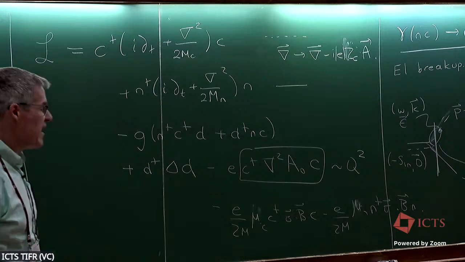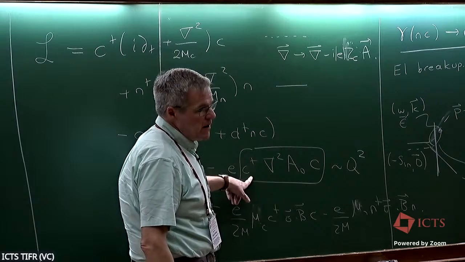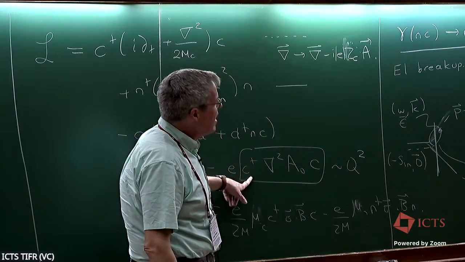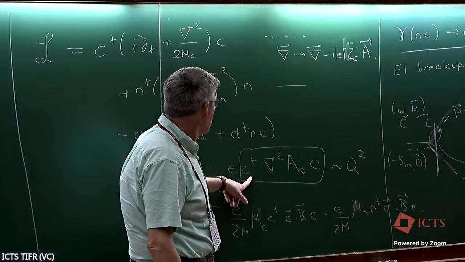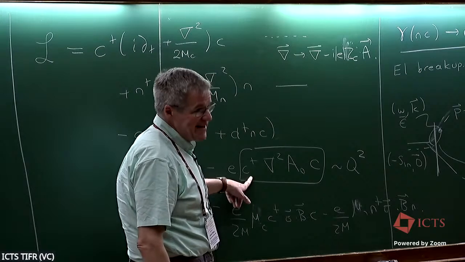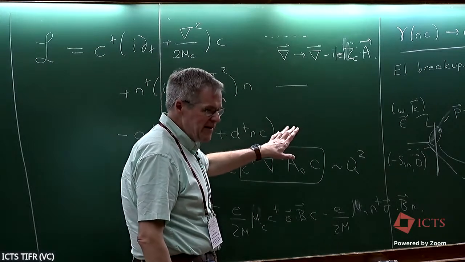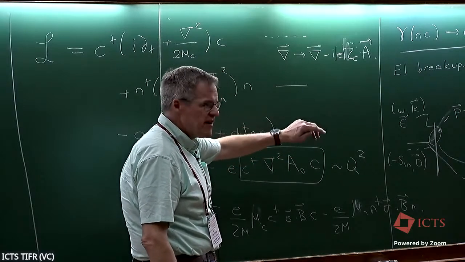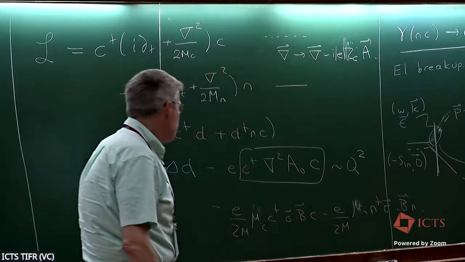Oh, no, I'm saying if I wanted, yes, absolutely. So for this, D dot P, right? I think so, where D is the dipole operator. Yeah, that's right. But it's not D dot P, it's D dot A. Yes, that's right.